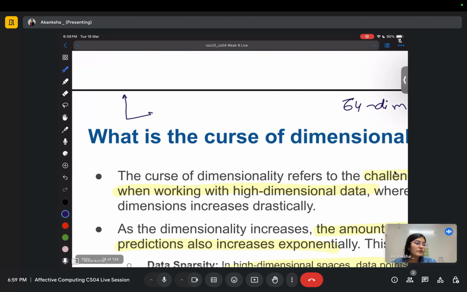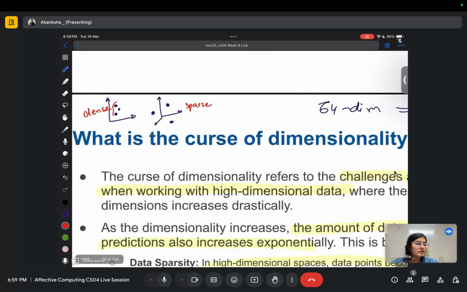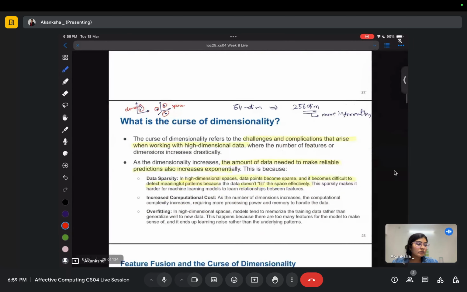Let's say this is 2D and there are 2 or 3 points, but if I plot in 3D, one point is lying here, one is lying there, and so it becomes more sparse. This one is more dense. You can see the clustering in 2D, whereas in 3D it is not able to find patterns.